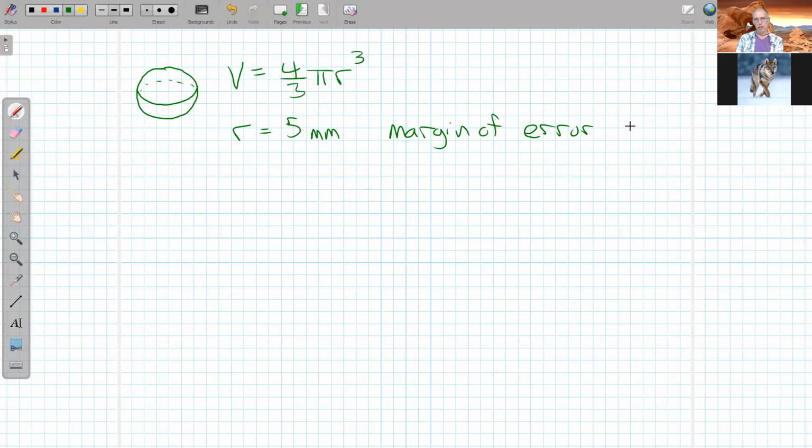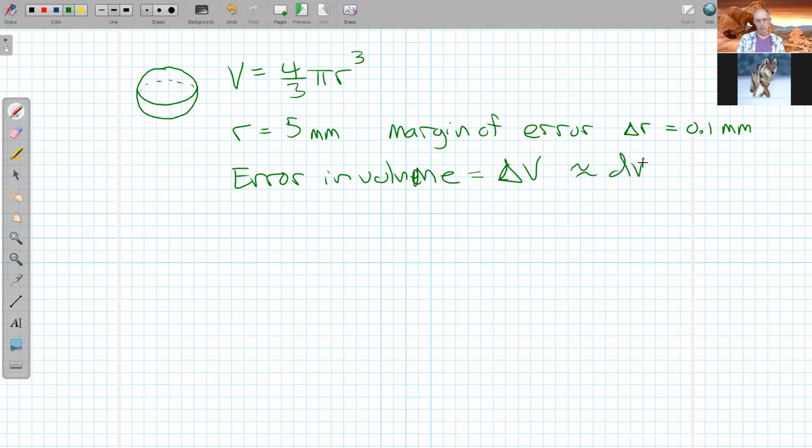So let's say our delta R, our error, is 0.1 millimeters. The question is, how does that error translate into the volume? What is the associated error in volume? And we can use calculus to estimate these. And so that's what I'm going to show how to find next. How do we find delta V? We're going to approximate it with what we call dV. So we'll get to that in the next class.